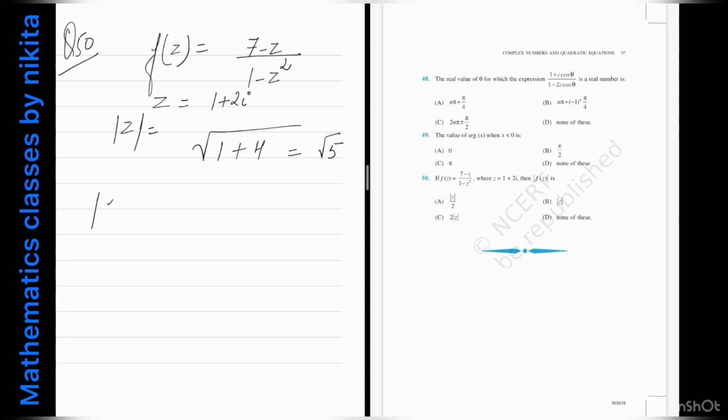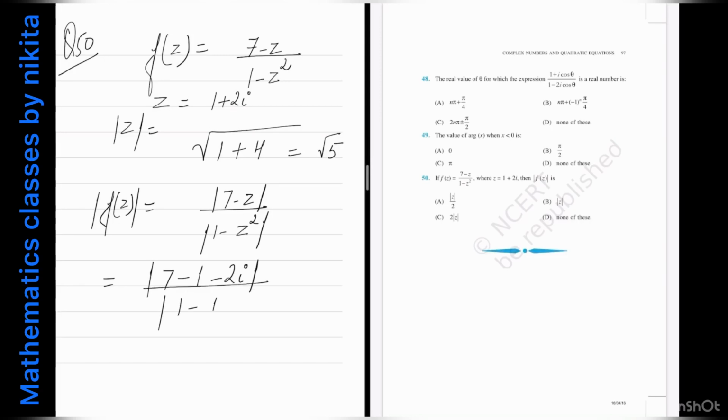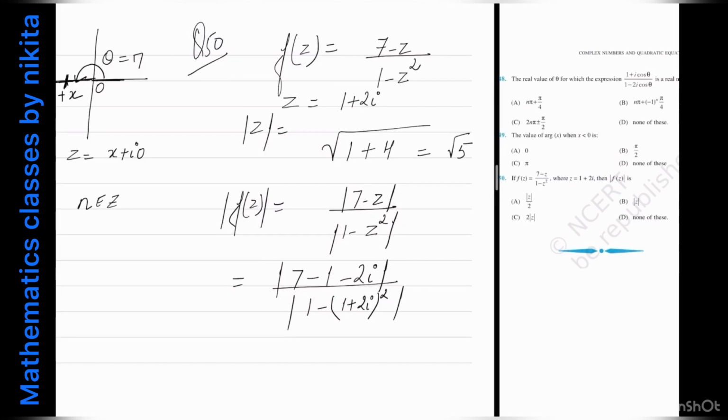Now mod of f of z will be equal to mod of 7 minus z divided by mod of 1 minus z square, which is equal to, now put the value of z, so this will be equal to 7 minus 1 minus 2 iota divided by 1 minus 1 plus 2 iota whole square inside the mod, which is equal to mod of 6 minus 2 iota divided by mod of 1 minus 1 minus 4 plus 4 iota.